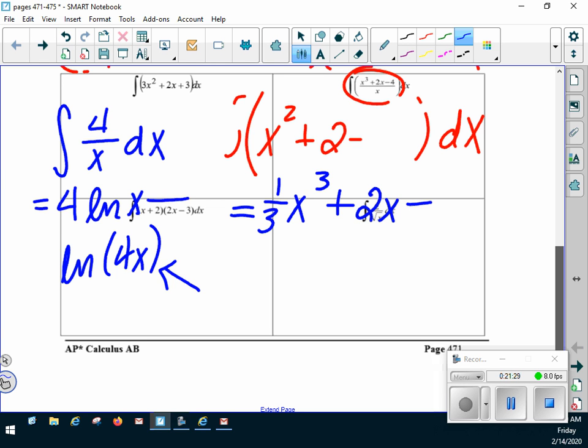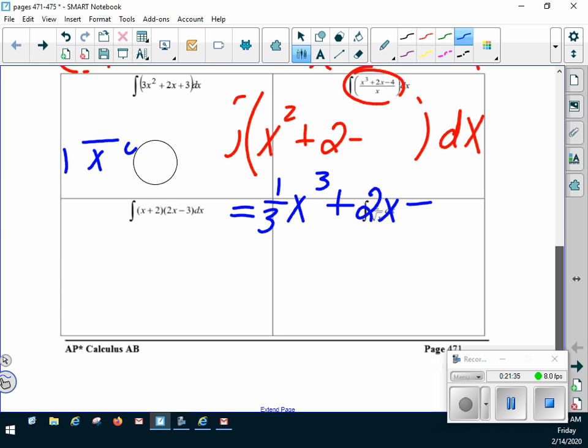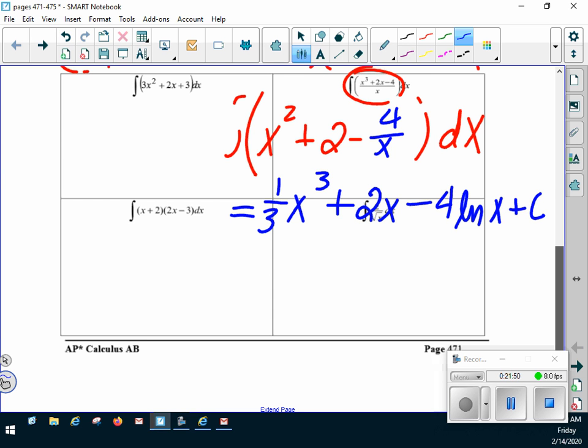So the 4 is going to go in front as a coefficient. Anytime you have an x to the negative 1 or something over x, your antiderivative is natural log. So this was 4 over x, right? So it's minus 4 natural log x plus c.